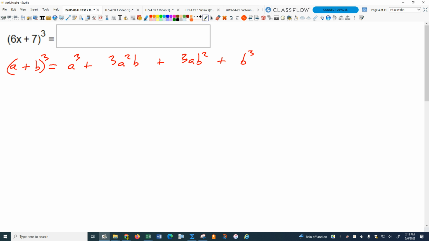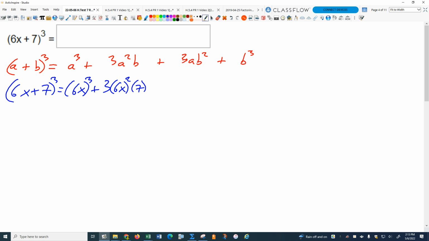So now, what do we have there instead? What's our a going to be? 6x, okay. So we're getting 6x cubed plus 3 times, what's this term going to be? Ella, what's this term going to be? 6x squared. 6x quantity squared, good, times, there you go.